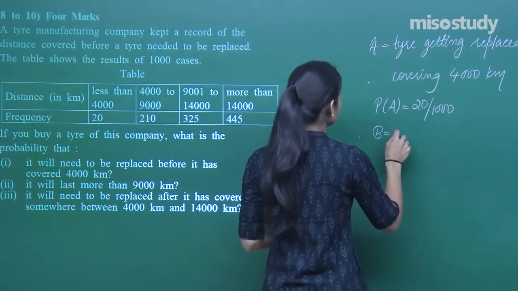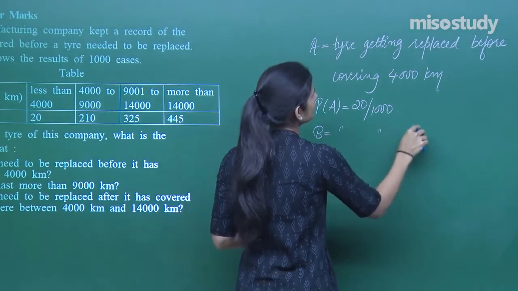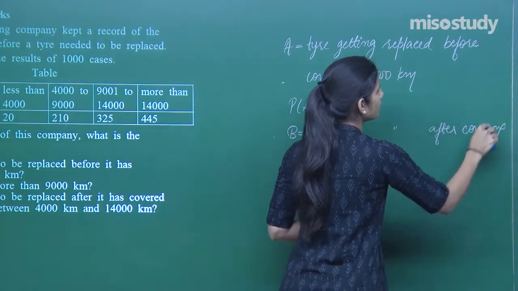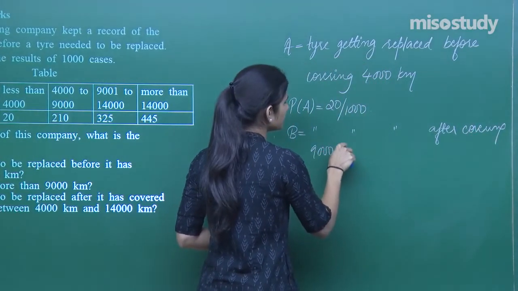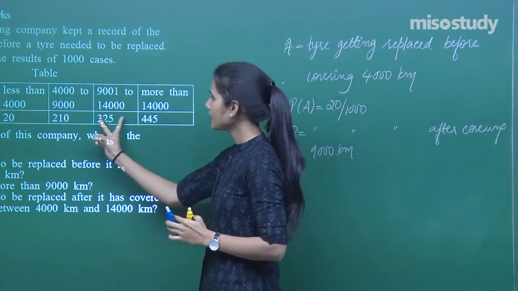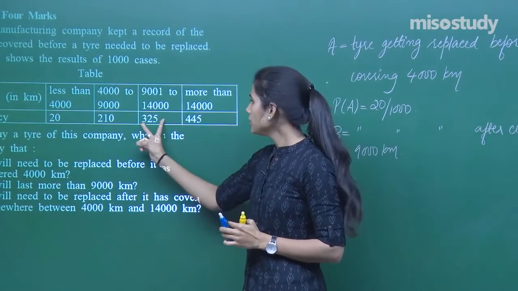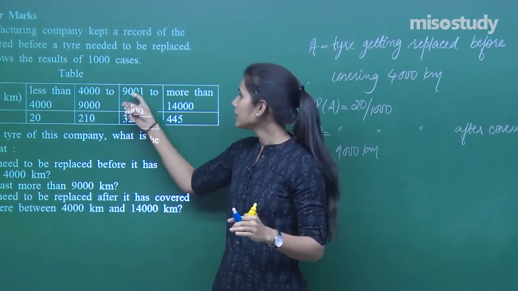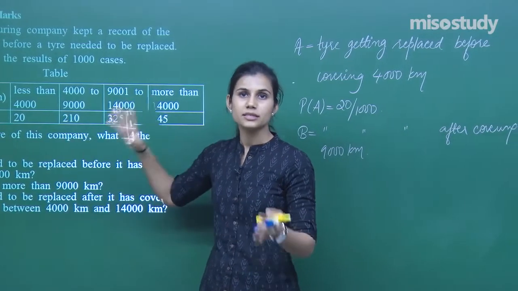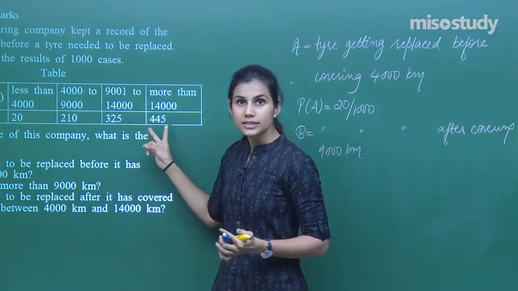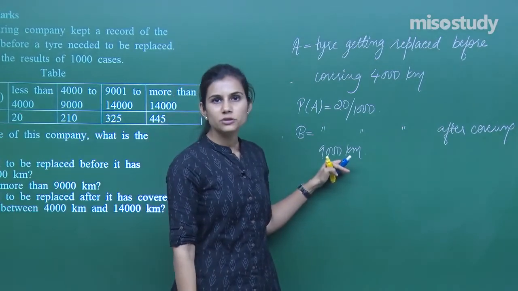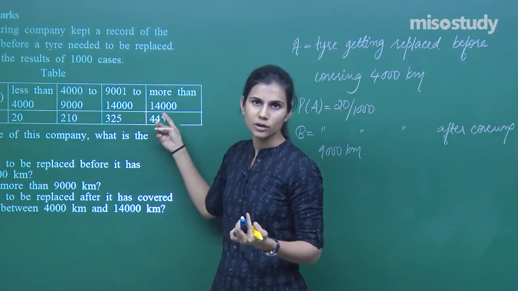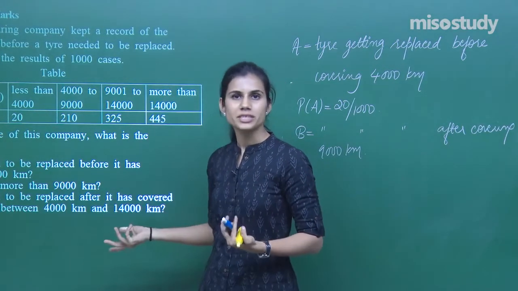So if I talk about event B, that the tire is getting replaced after covering 9000 kilometers, that means it can lie in this range and it can lie in this range. 325 tires are favoring this event because they are getting replaced when they have covered distances beyond 9000. 445 tires are also favoring event B because they are getting replaced when they have covered more than 14,000 kilometers, which is obviously greater than 9,000.